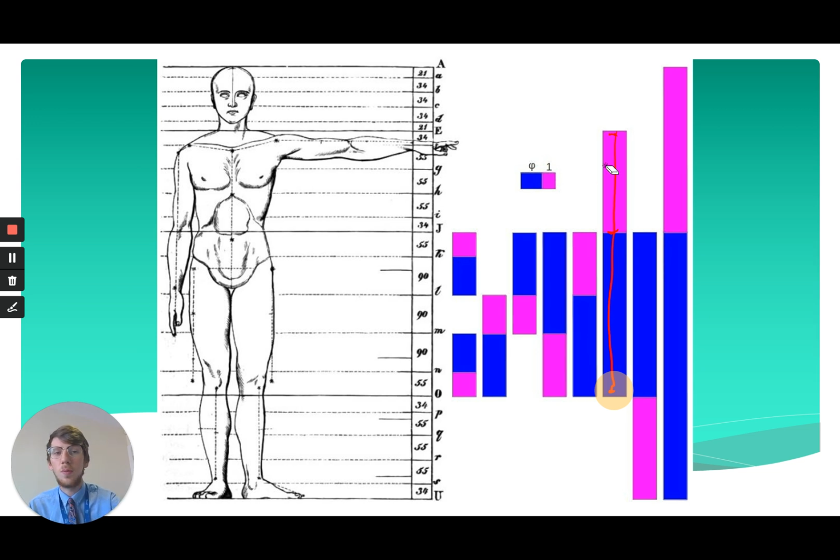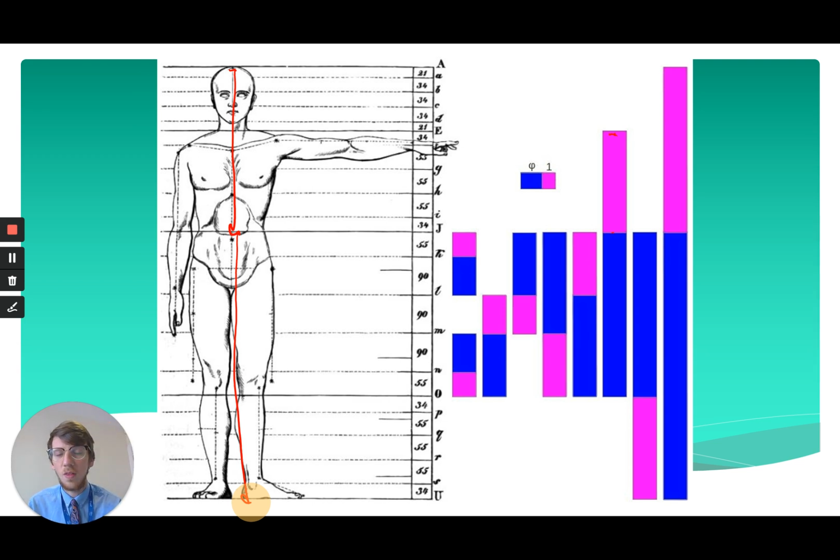So each blue part is 1.618 times longer than the pink part that it goes with. So what that means is if I take, let's say, the top of his head to his hips or to his elbow, whichever you want to say that is, and if I times that by 1.618, that's the same distance from someone's hips, or their belly button really, to the bottom of their feet.